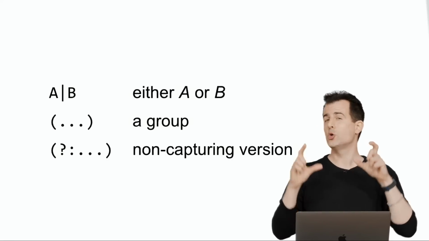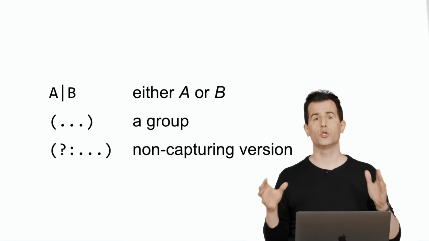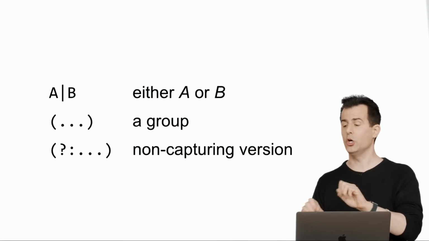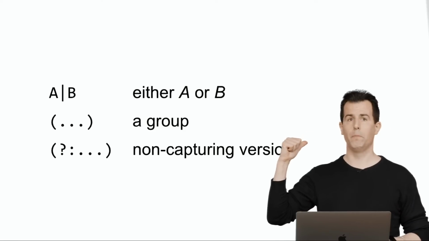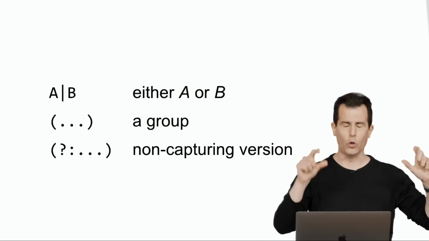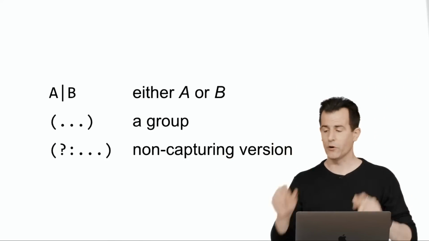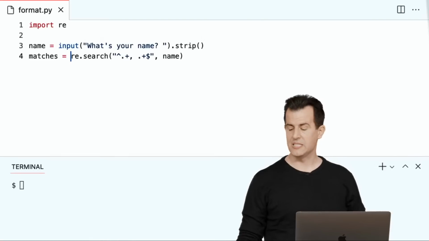It allows you to extract specific amounts of information from the user's own input. You can reverse this process too by using the non-capturing version: parentheses, then a question mark and a colon, and then some other stuff, which says don't bother capturing this, I just want to group things. But for now, we're going to use just the parentheses themselves.